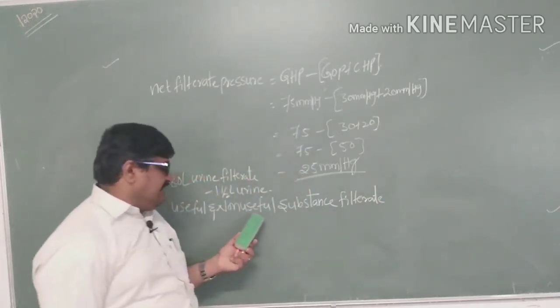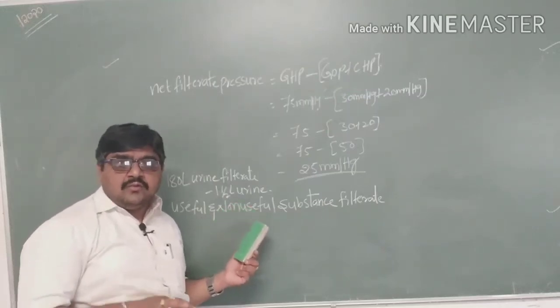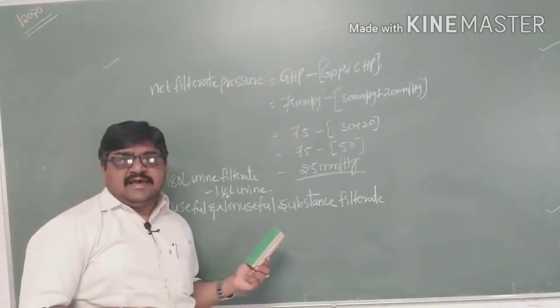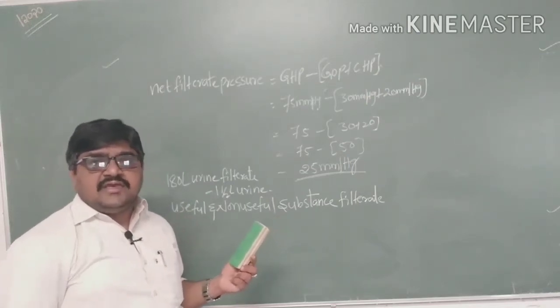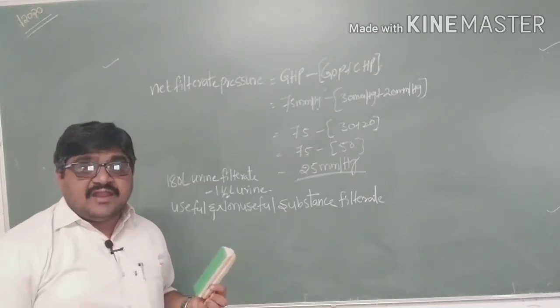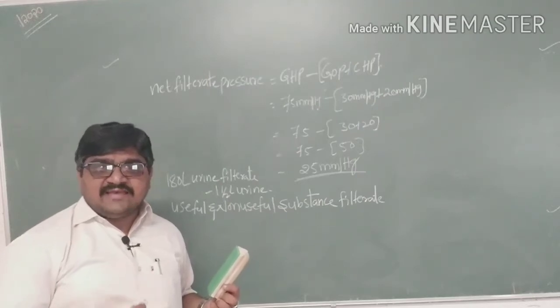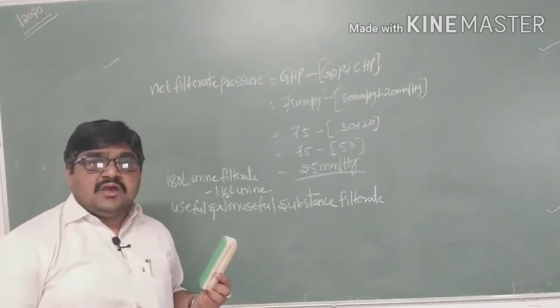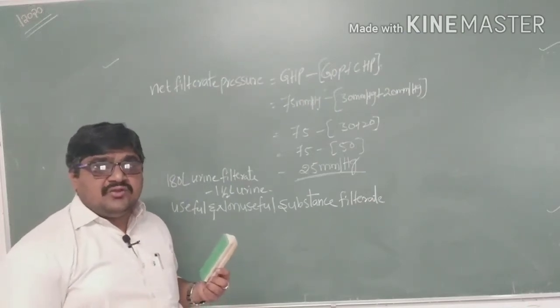Useful substances are like water, glucose, amino acids, as well as vitamins and hormones, and also sodium, potassium, bicarbonate ions. Non-useful substances are like urea, uric acid, and also ammonia. These are both useful and non-useful substances.